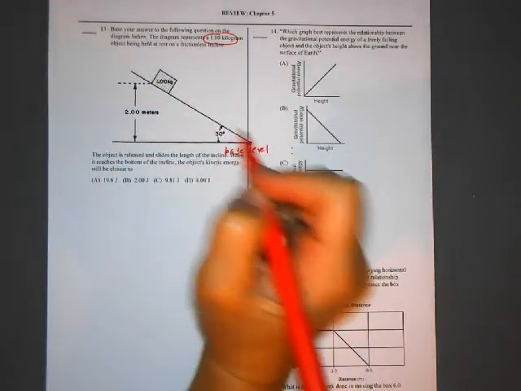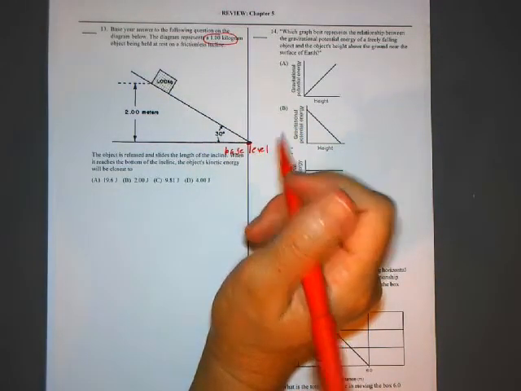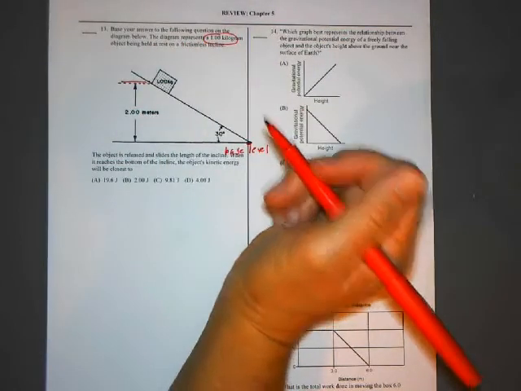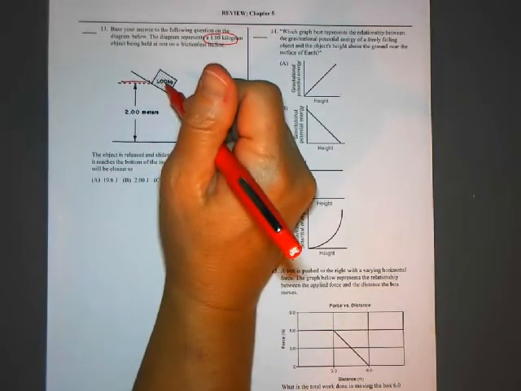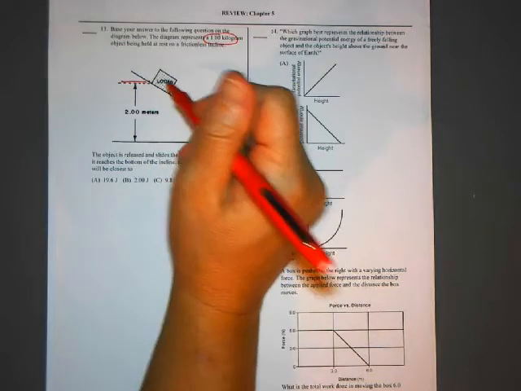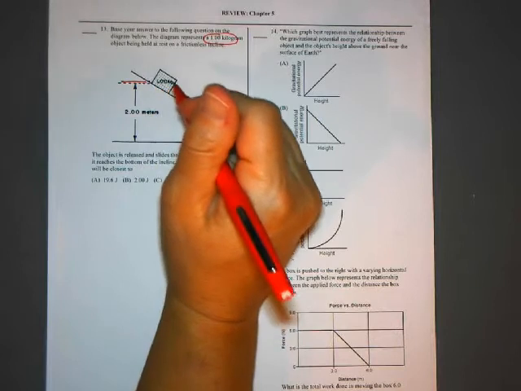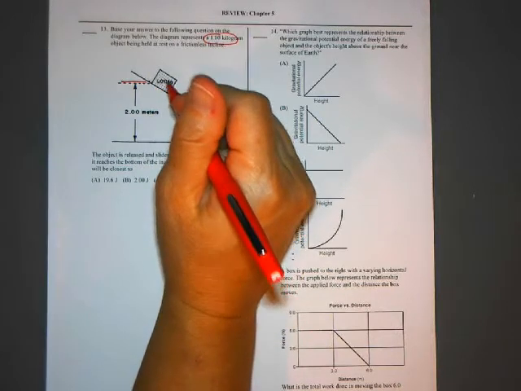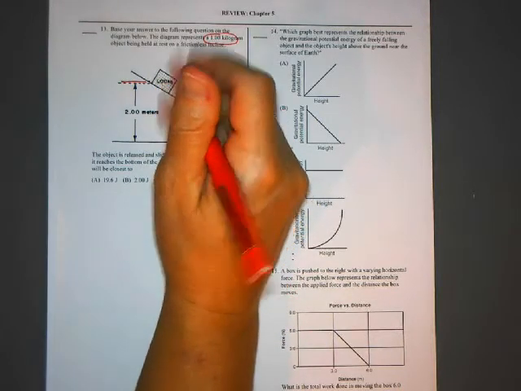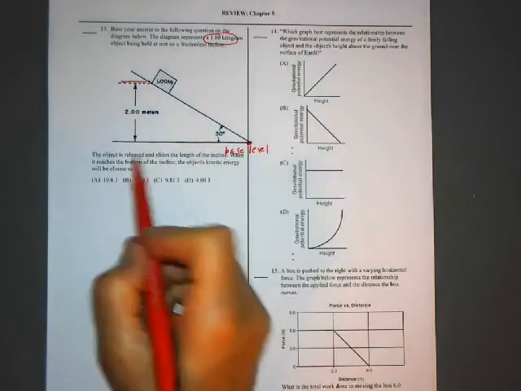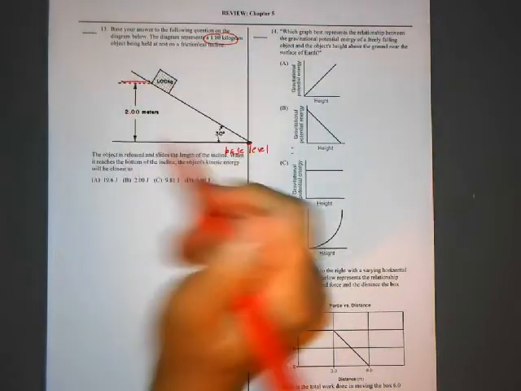So at the top, if it's not moving, and they show you it's 2 meters, the kinetic energy is 0 because it starts from rest. Because it says it's released, but it starts from rest.